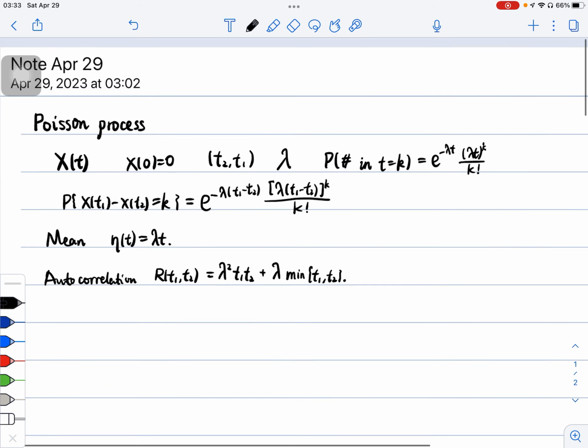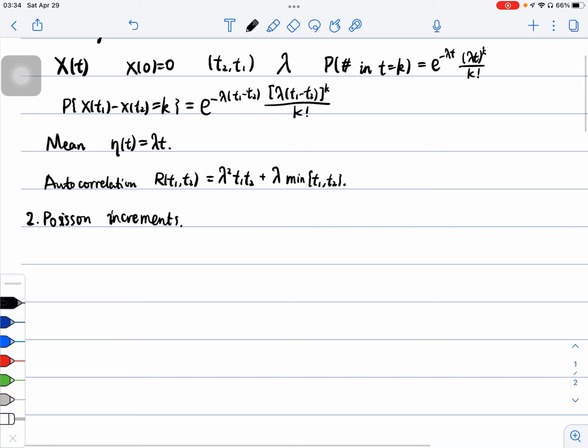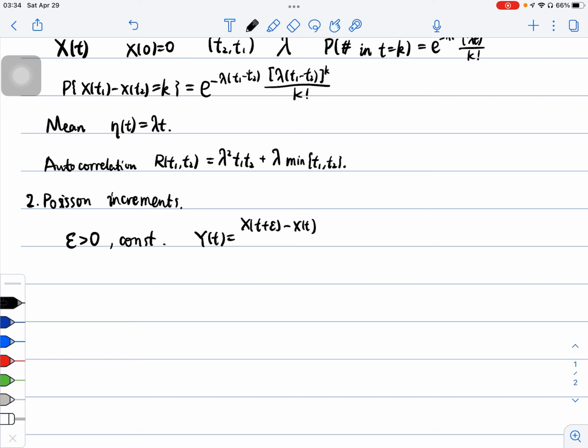Okay, so for the second part, we consider the Poisson increments. With Xt a Poisson process defined above, and epsilon larger than 0 a given constant, we construct Yt equals (Xt plus epsilon minus Xt) over epsilon.